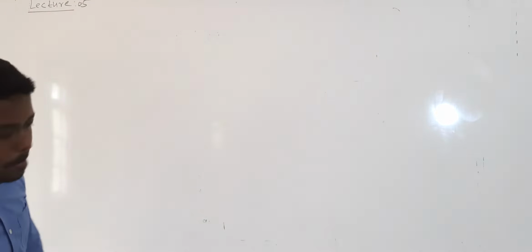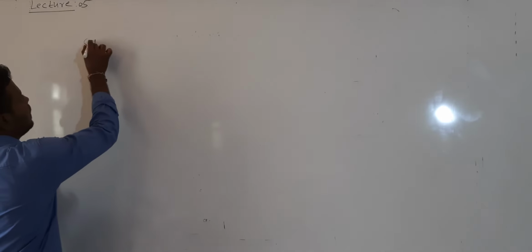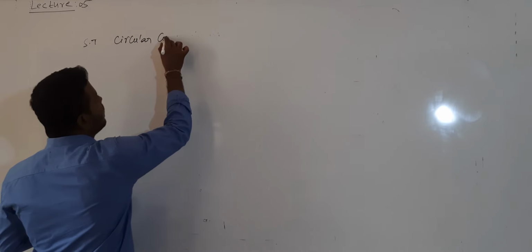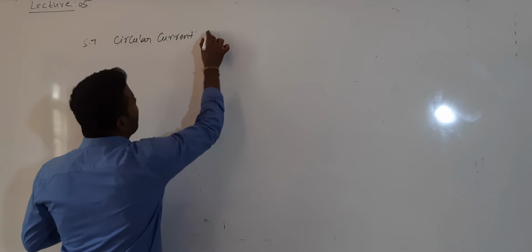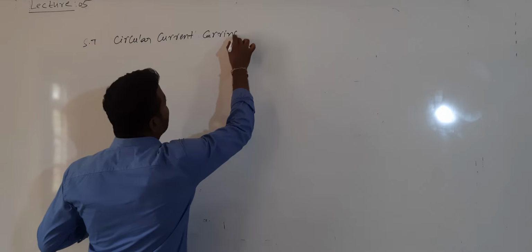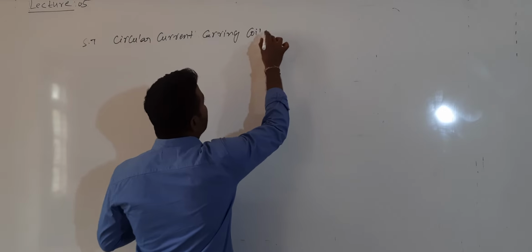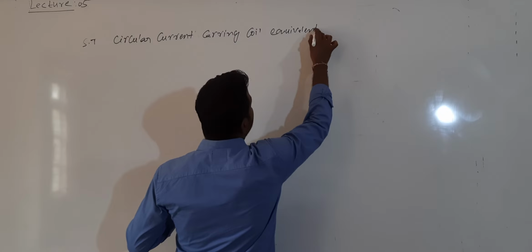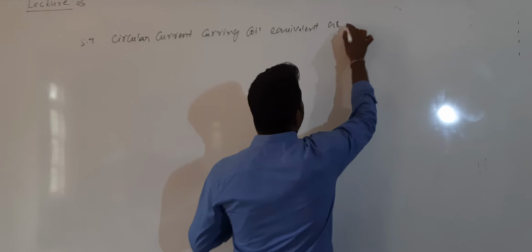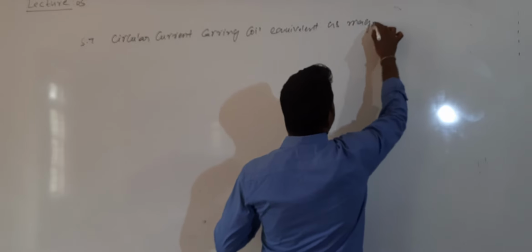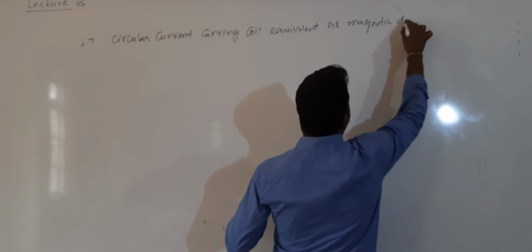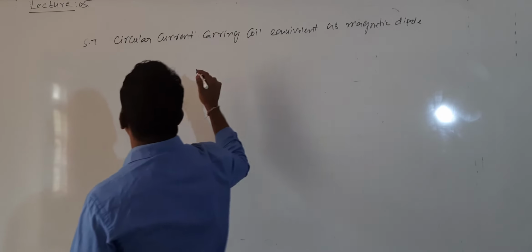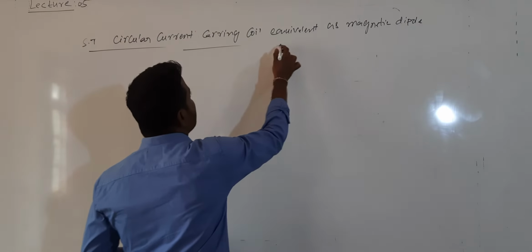What I want to show is that a circular current carrying coil is equivalent to a magnetic dipole.